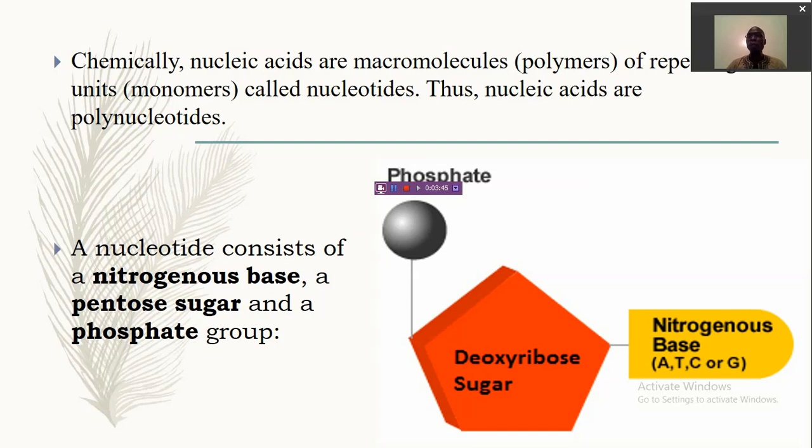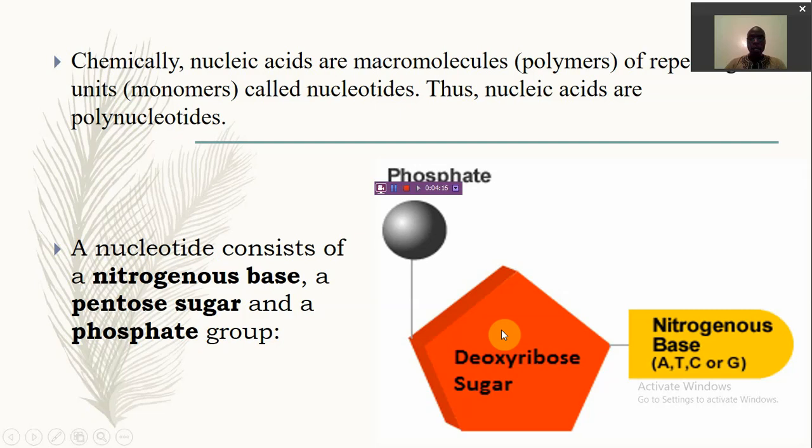So you talk about a nucleic acid molecule, you're talking about a large molecule consisting of several nucleotides linked end to end. That's why we are saying that nucleic acids are polymers of repeating units, which are in this case called monomers. For that case, you can also refer to nucleic acids as polynucleotides.